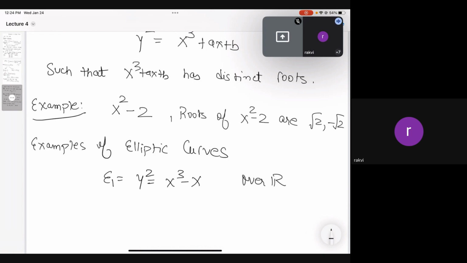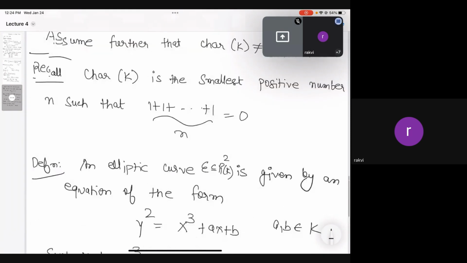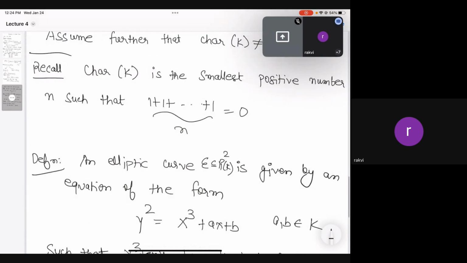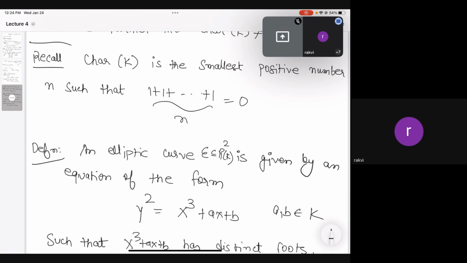Why are 2 and 3 not higher options? That's what I was trying to explain. What I was saying just a couple of minutes before was that the actual definition of an elliptic curve is a non-singular projective curve of genus 1. If you just work with that definition, then using Riemann-Roch, you can show that it's equivalent to writing down an equation. But that equation is not in this simple form that we are seeing here.